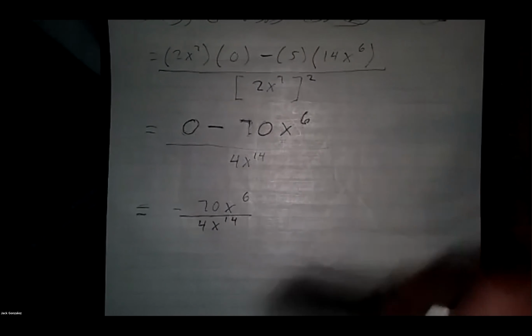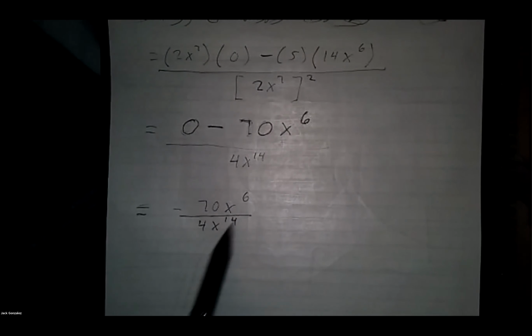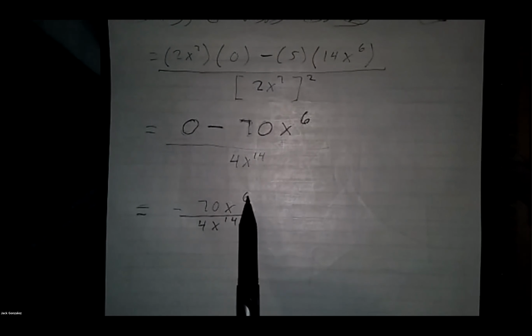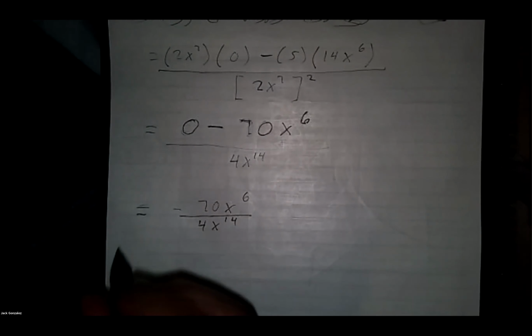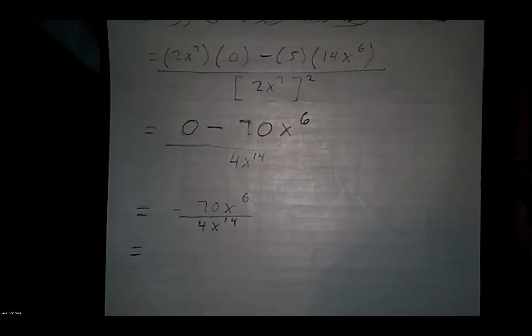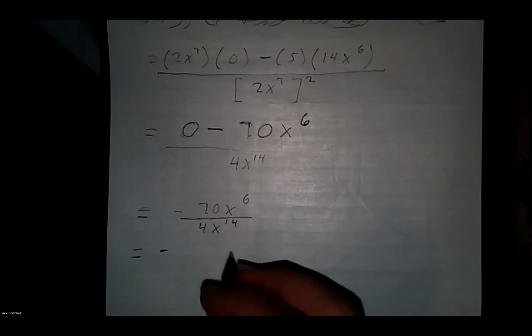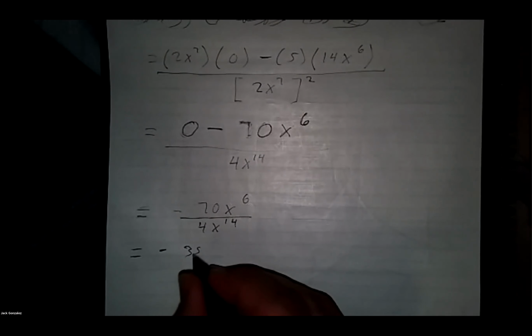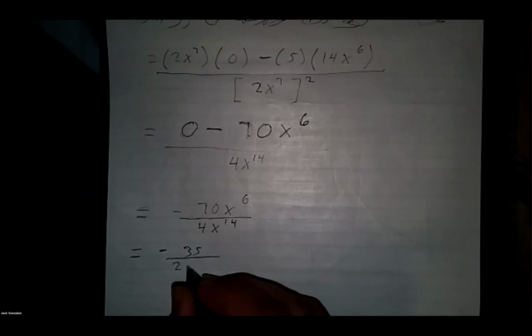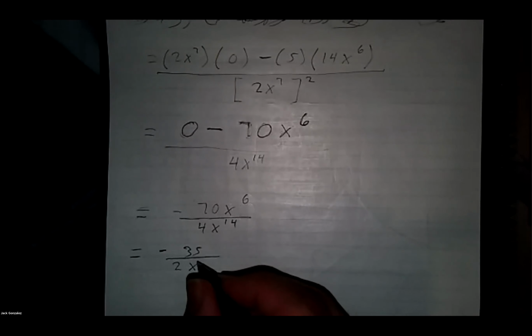Okay, so just reduce this, right? x to the 6 over x to the 14th. What's left over? This will be negative 35 over 2x to the 8, right?